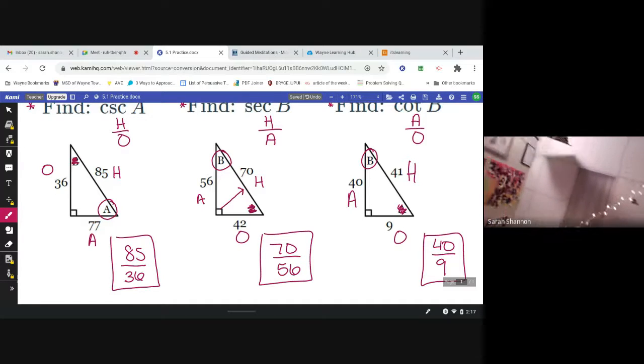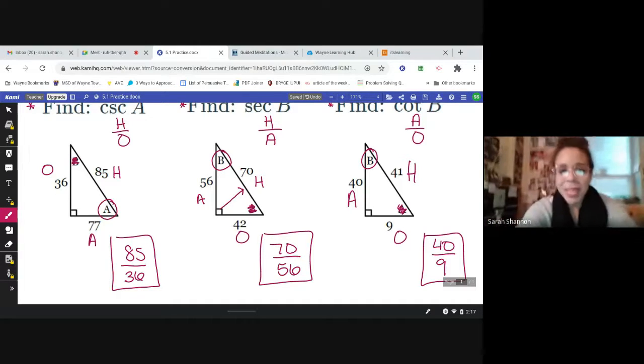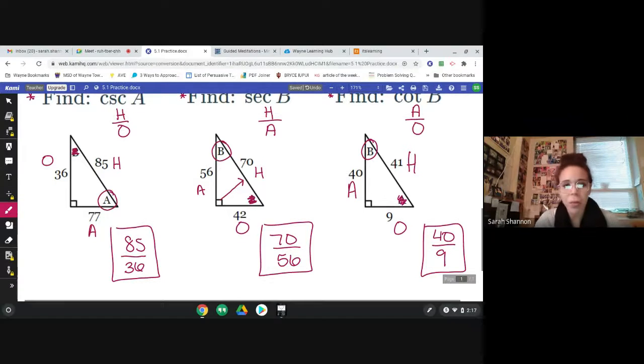All right. So hopefully that helped kind of refresh your memory, maybe clear up some things that you might have been struggling with. I see a few of you have already done your Delta Math assignment from yesterday, but if you haven't yet, hopefully that helped. And then you have a new one today that's just called Trig Part 2. So you can work on that.